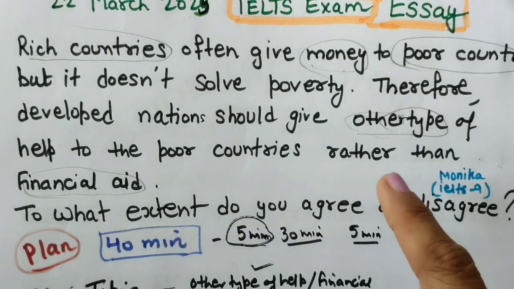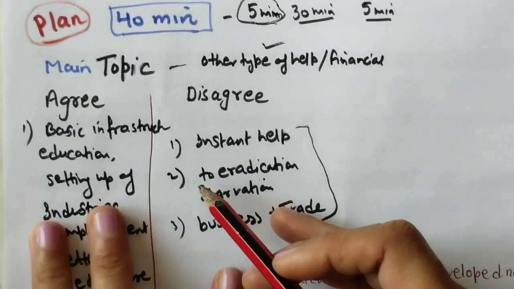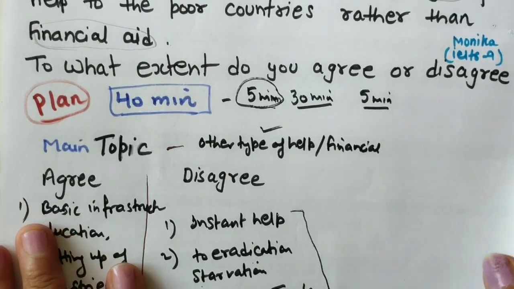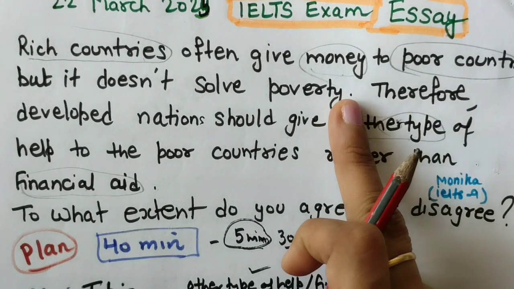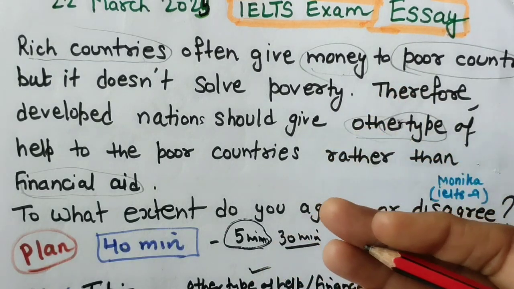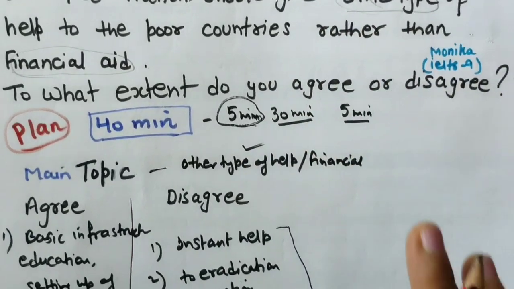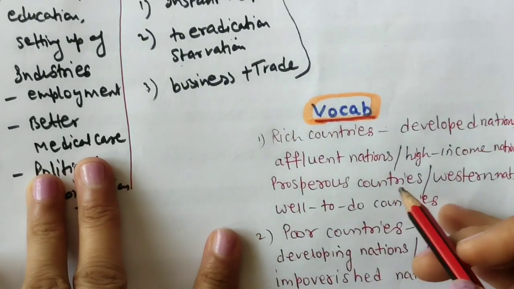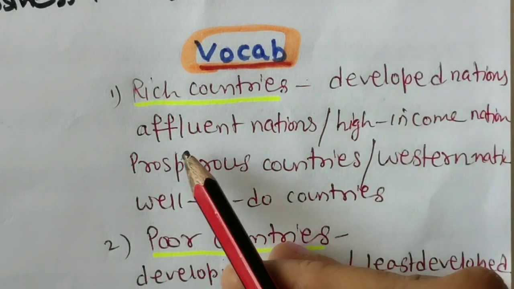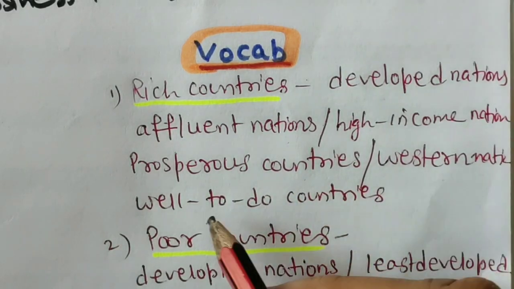So before writing, now you have understood the topic and the question statement, and you have framed your points for body paragraphs. Now just spend 2 or 3 minutes getting synonyms of these words. Actually you don't need synonyms if you have good vocabulary, a good standard of English. But those who are getting 5.5 can do this activity on Google. For rich countries, I have used developed nations, affluent nations or high income nations, prosperous countries, western nations, well-to-do countries.